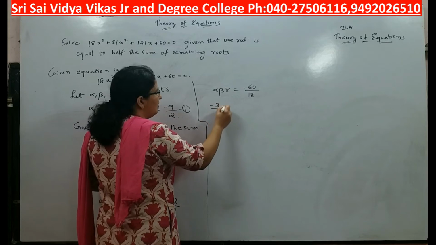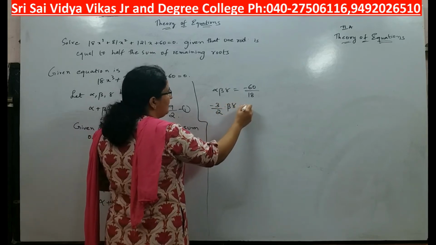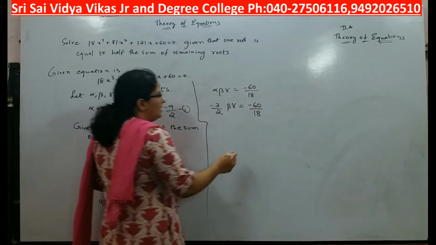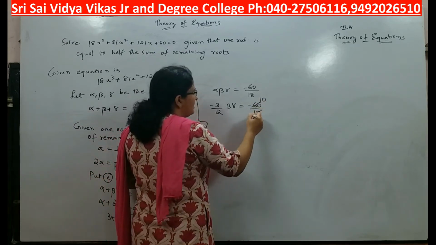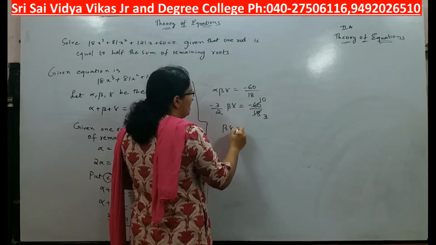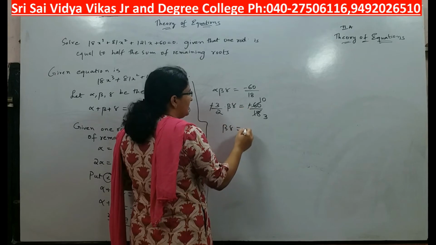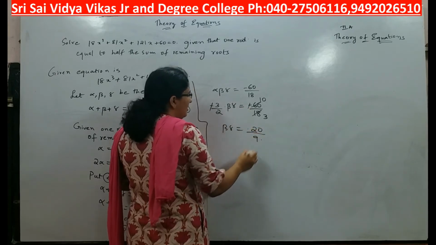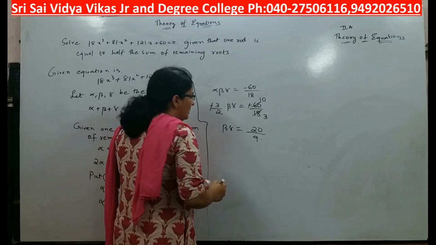Minus 3 by 2 into beta gamma is equal to minus 60 by 18. Beta gamma is equal to, minus minus gets cancelled, 20 by 9. Beta gamma is 20 by 9.